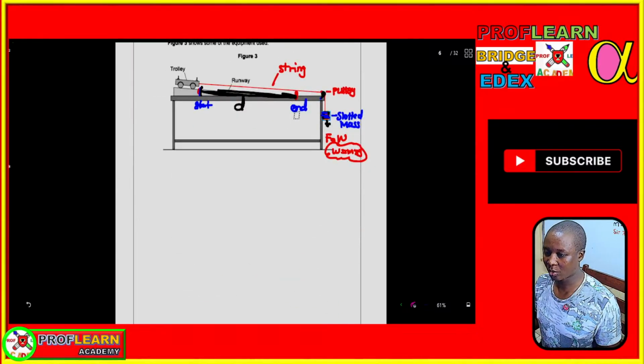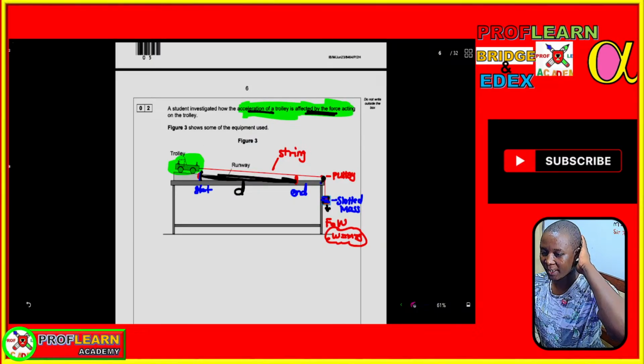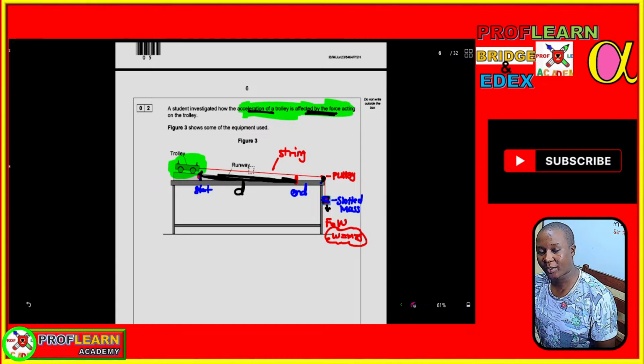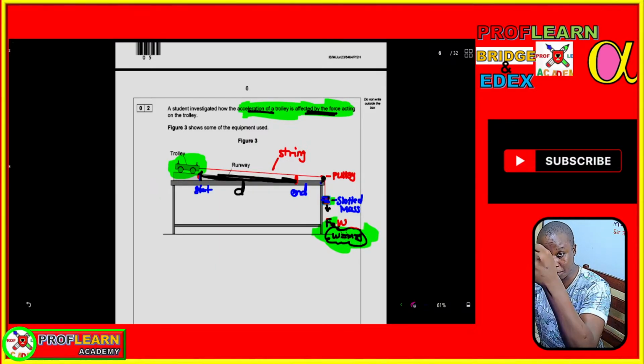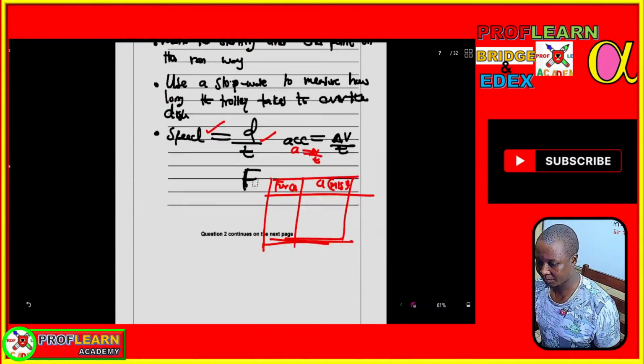We went ahead also to talk about the required experiment, and we have described how you can show the relationship between the force and the acceleration of the trolley, because we said we are going to add slotted masses here, and the masses will add weight and will provide a force that will pull the trolley down. So as we keep on increasing the force, we'll be able to check what would be the acceleration of the trolley down the runway.